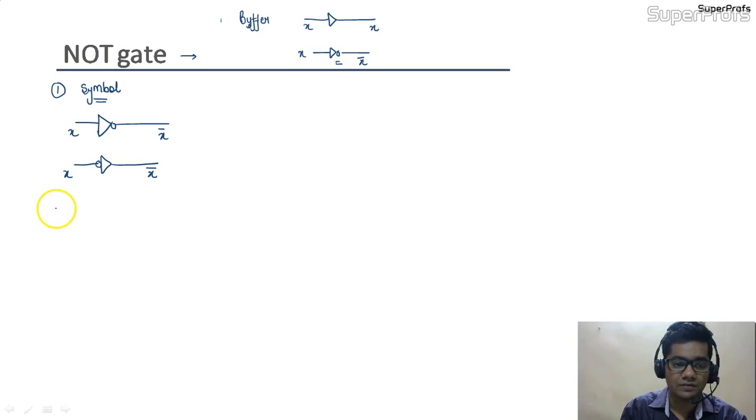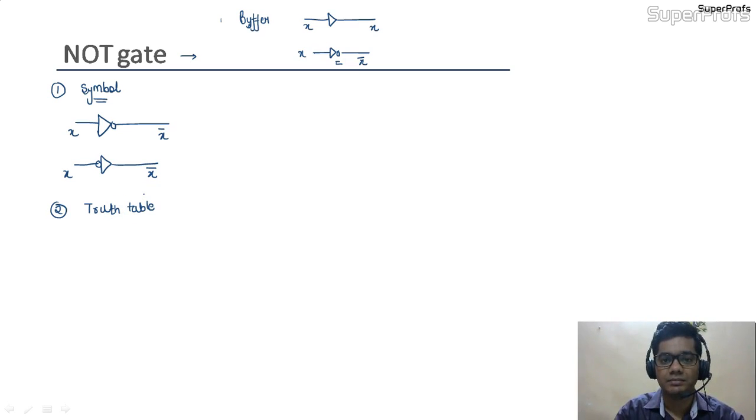Now we are going to see what would be its truth table. So we know, students, what is truth table. Truth table shows how the output depends on the number of inputs. If there is one input, there are only 2 possible combinations.